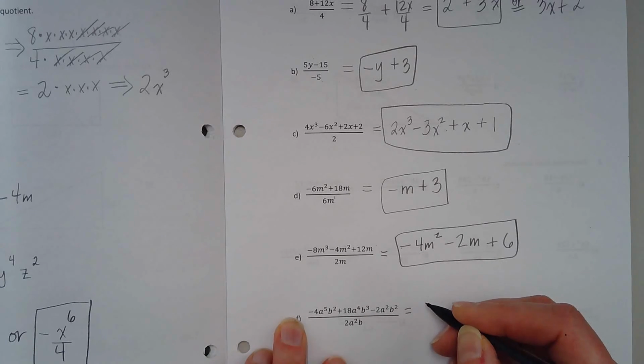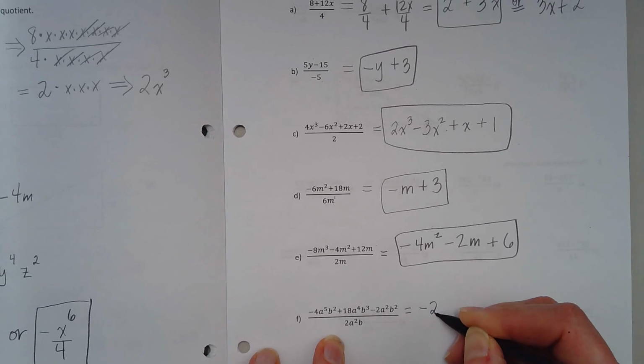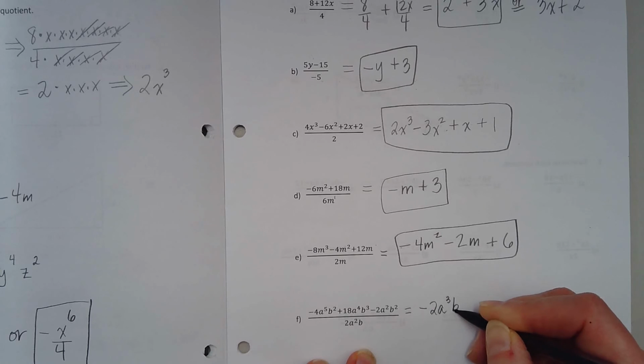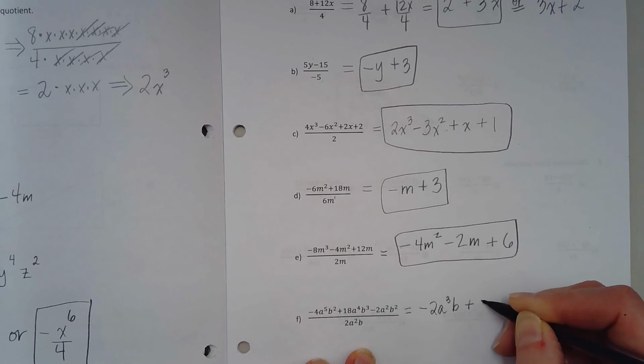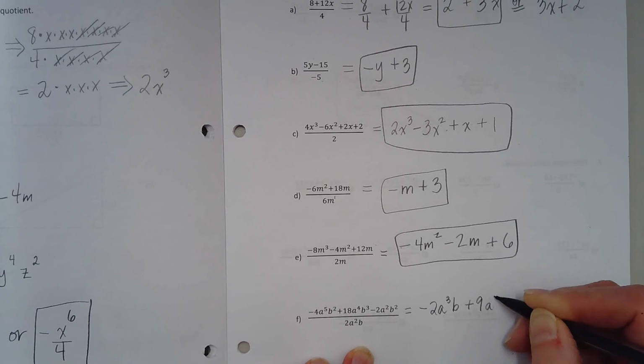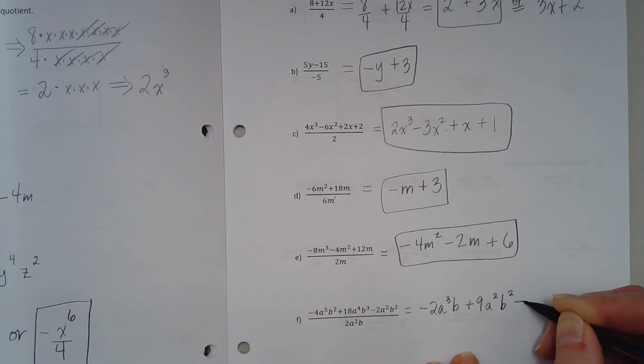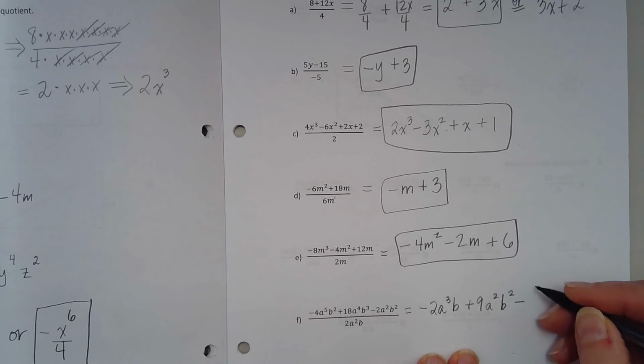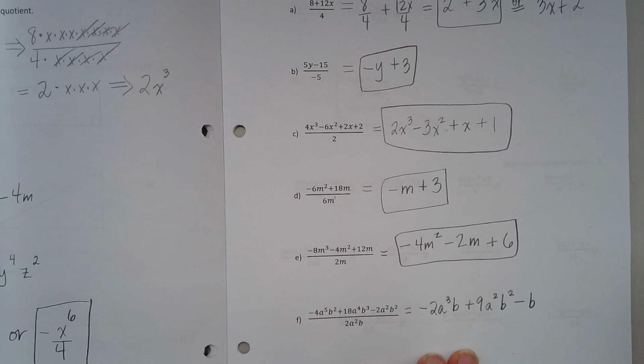Okay, so last one, negative 2a cubed b plus 9a squared b squared minus 1, but I'm not going to write my coefficient 1. The a squareds cancel out to ones as well, and I don't write that either, so I'll just be left with a b.